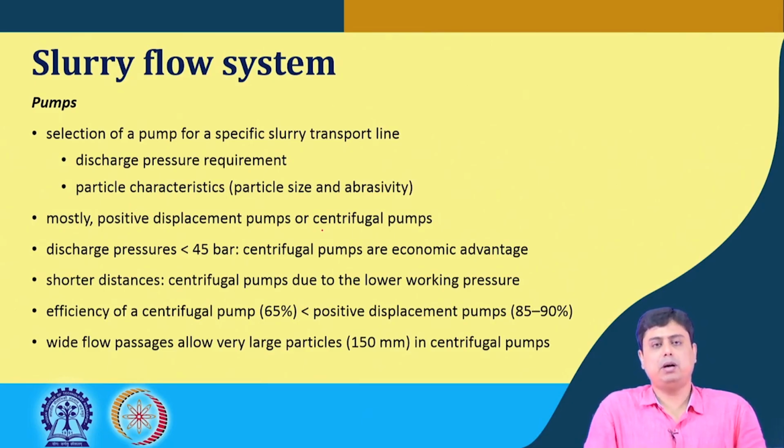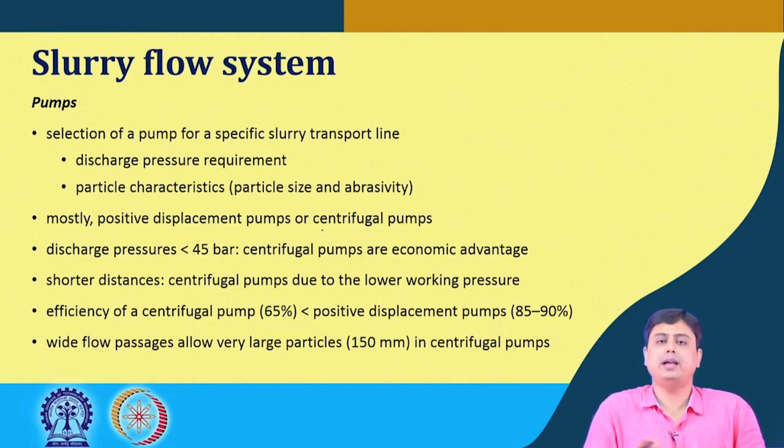Efficiency of centrifugal pumps is much lower than positive displacement pumps. You can get a maximum efficiency of around 65% in the centrifugal pump, but in the positive displacement pump that can be pushed up to 85 to 90%. This happens due to the wide flow passage between the casing and the impellers in a centrifugal pump.